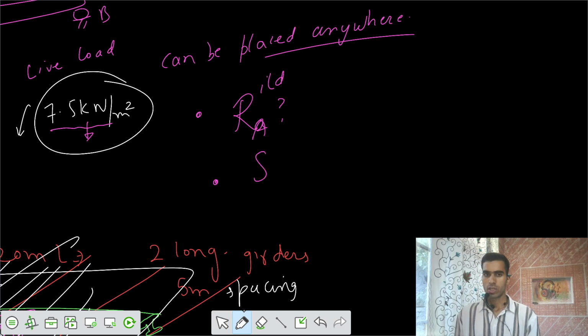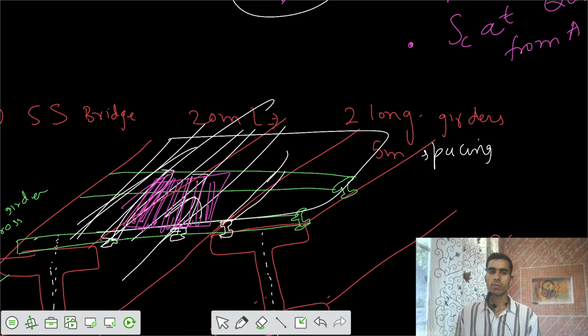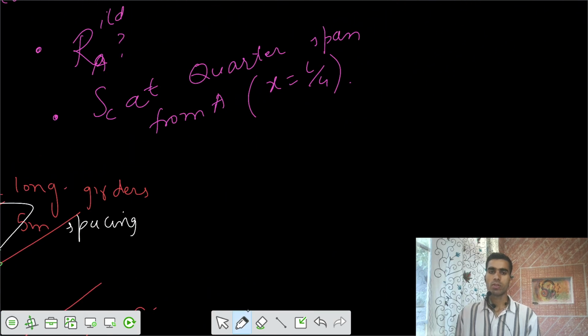shear force at point C. That's at quarter span from either of the sides. Let's say from A, that's x equals L by 4. If your L was 20 meters, that means x equals 5 meters.